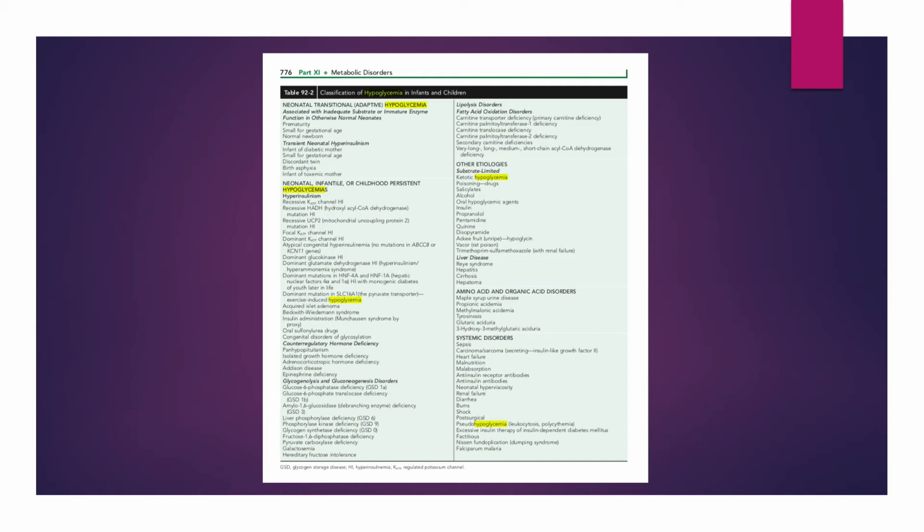This slide shows the classification of hypoglycemia among infants and children taken from the Nelson Textbook of Pediatrics with the page indicated above. Premature and SGA infants are vulnerable to develop hypoglycemia due to inadequate stores of liver glycogen, muscle protein, and body fat needed to sustain the substrates required to meet energy needs.